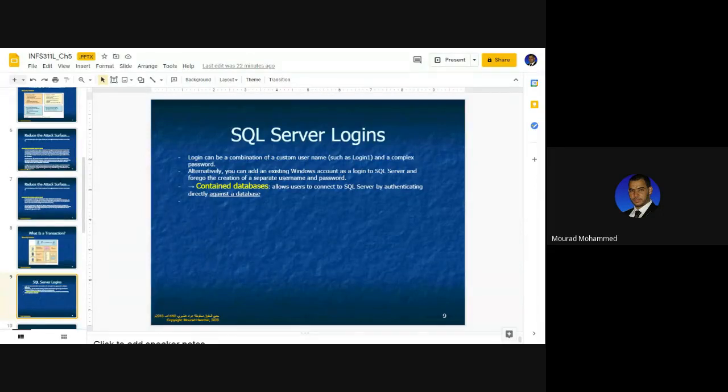Logins are entities that can be granted server permissions to perform dedicated actions. Dedicated actions means who is allowed to create, who is allowed to select, who is allowed to insert, who is allowed to alter. Those are the actions we mean, the DDL or the DML queries.